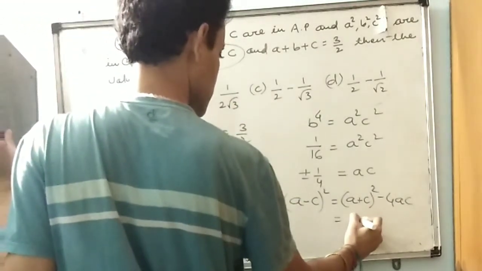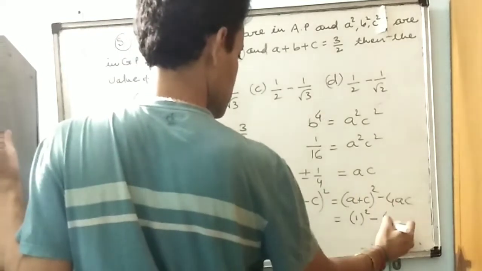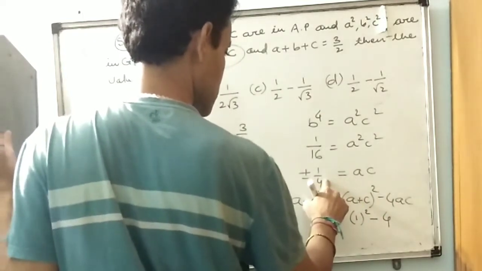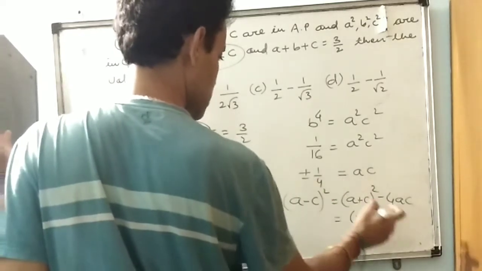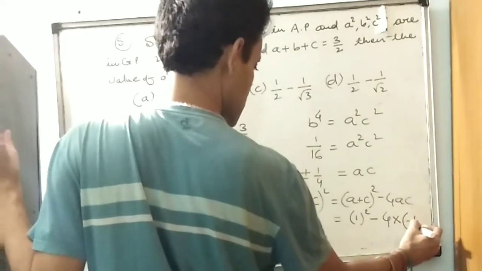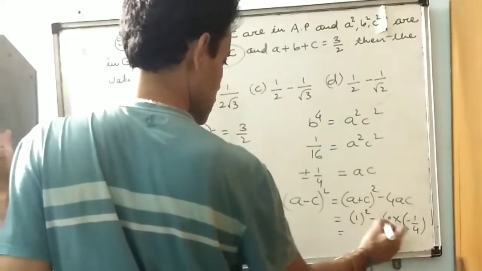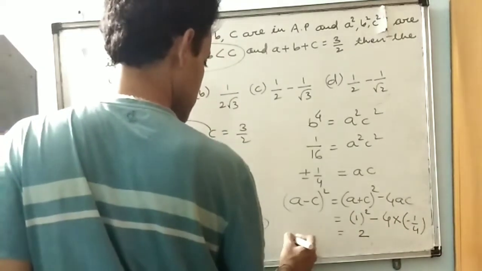If we take this one as 1 square and then this positive thing, then this will become negative, which is not possible because the square of a real number is not negative. So we'll take minus 1 by 4, that will give us 1 plus 1, that is 2.